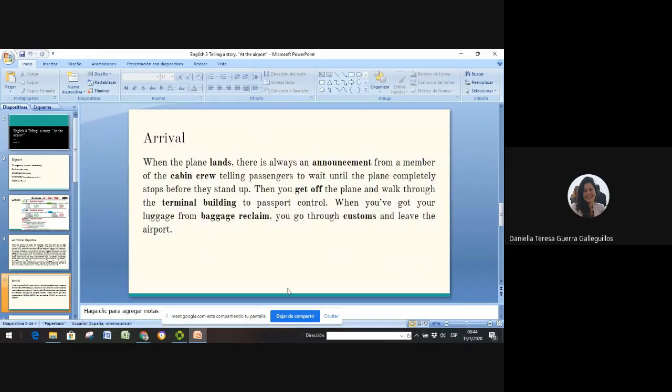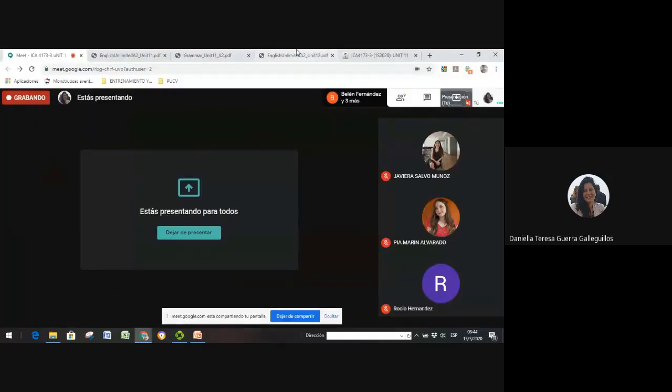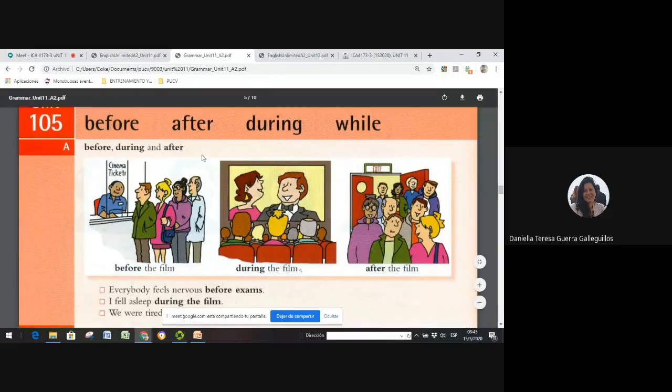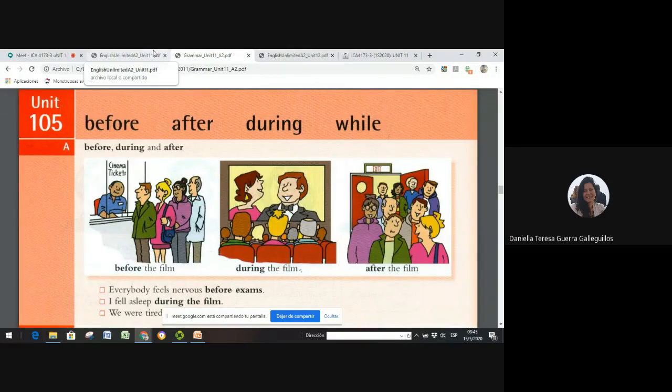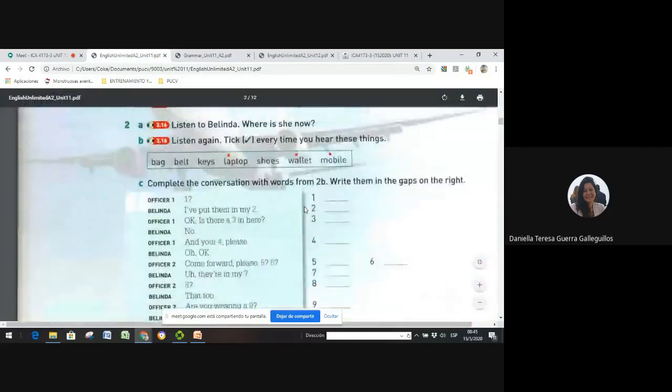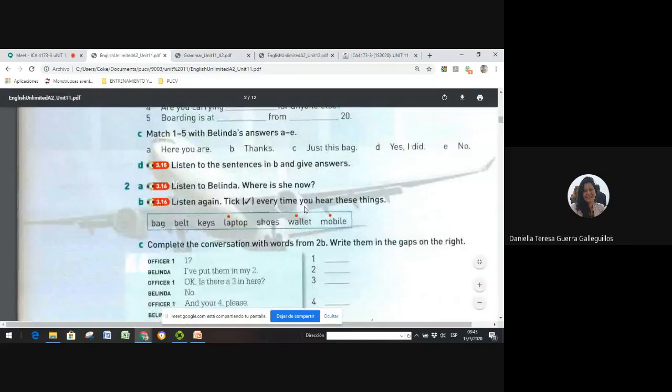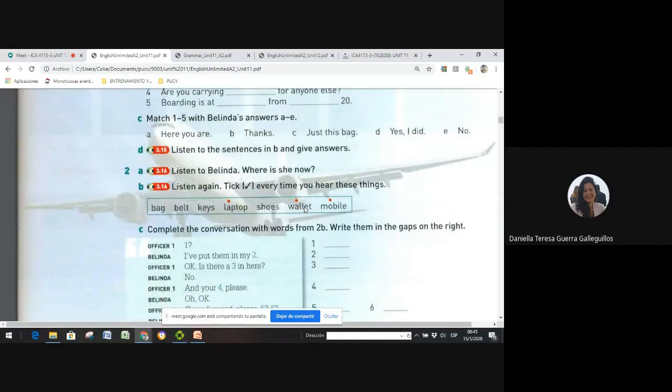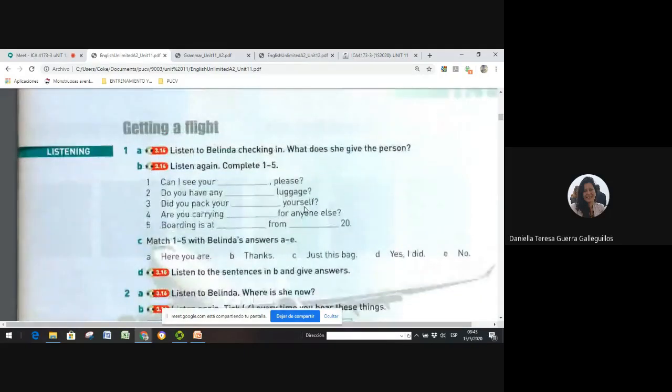Why are we looking at this information? Because in Unit 11, when we were checking Unit 11.1, it was very important to look at the conversations at the airport.